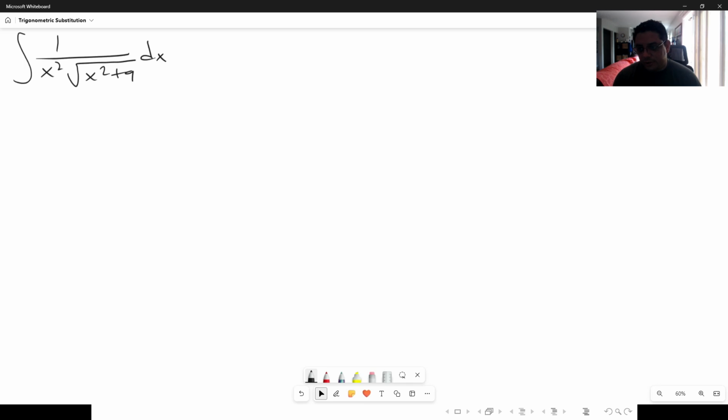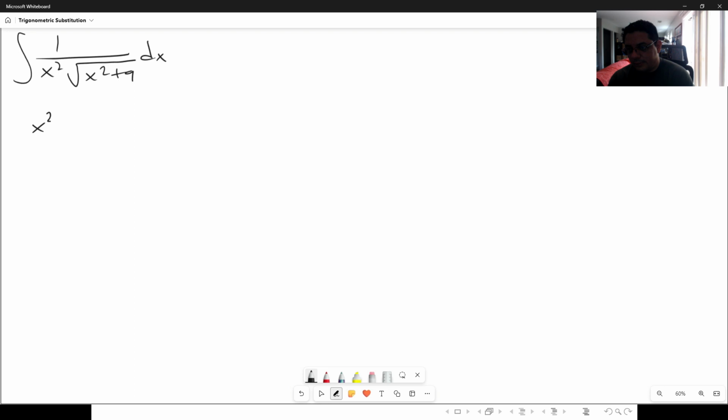Now let's transition to the integral of 1 over x squared times the square root of x squared plus 9. Notice that this is the x squared plus a squared type, and according to what we mentioned before, this gets a substitution of the type x equals a tangent of theta.